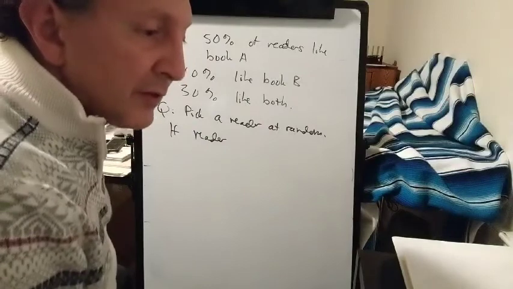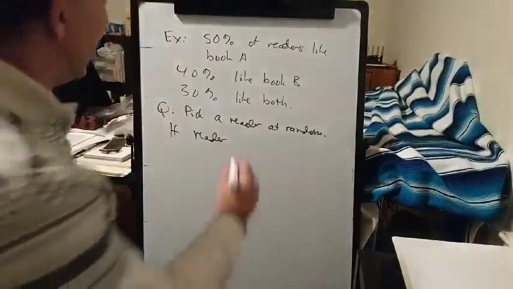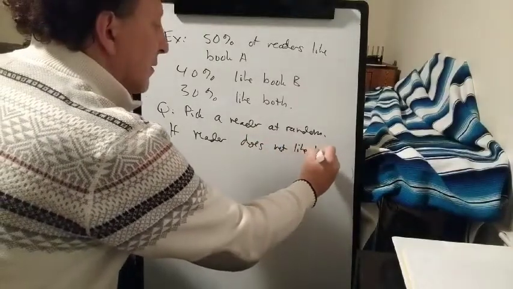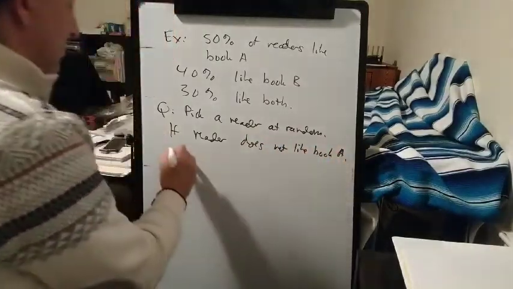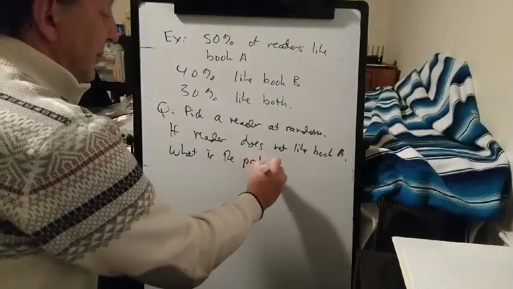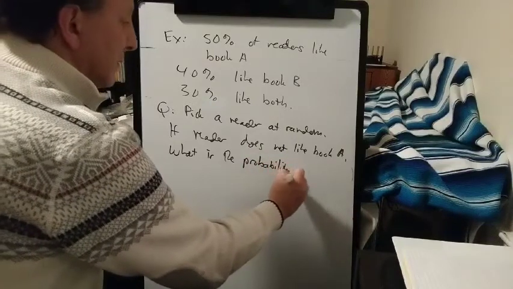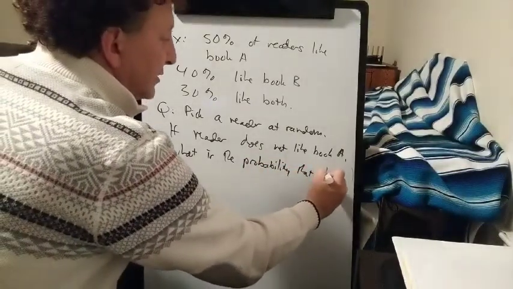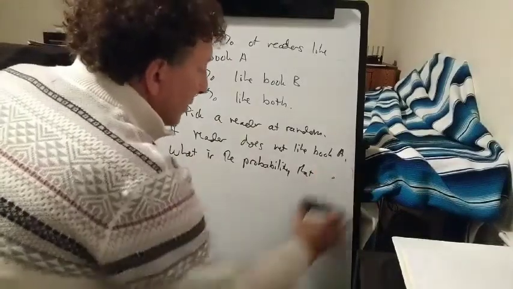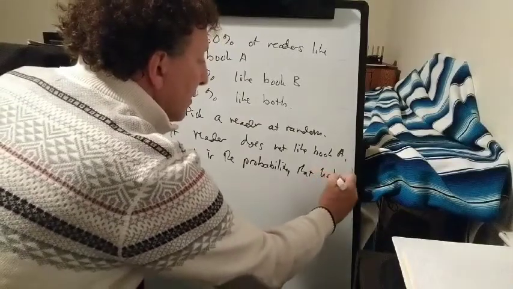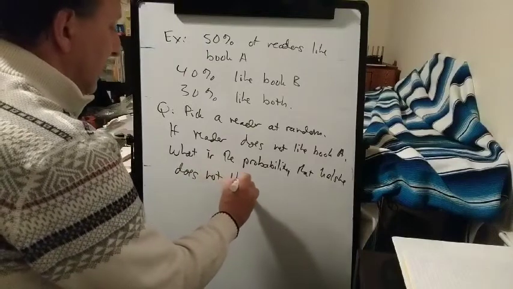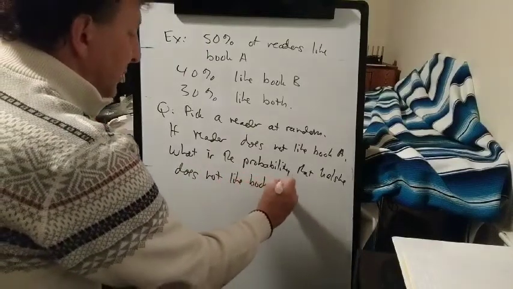And if the reader does not like book A, what is the probability that he or she does not like book B?